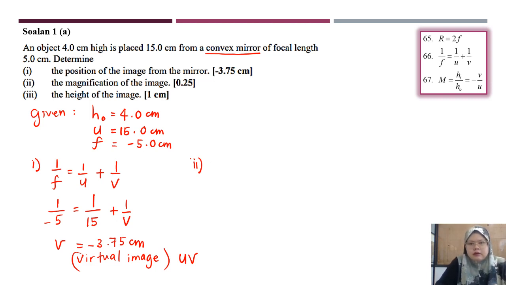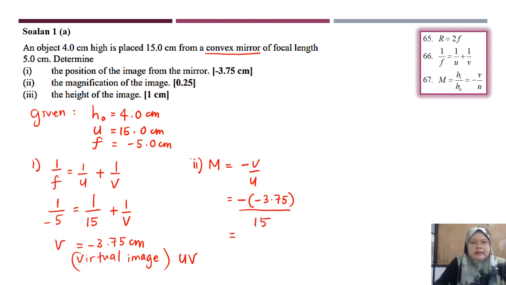So let's find the value of magnification. I want to use equation 67: magnification equals negative v over u, because I have the value of v and the value of u. I substitute negative 3.75 divided by u, which is 15.